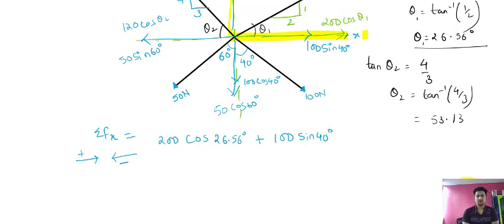The negative ones are the other direction: 120 cos theta 2, where theta 2 is 53.13, minus 50 sine 60 degree. This is the summation of forces in x direction. Now you solve this equation, and you will get the value as 146.2 Newton.